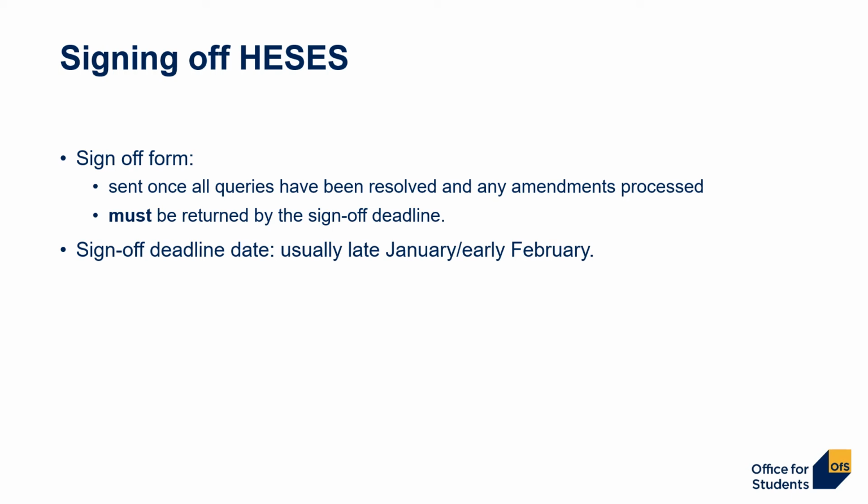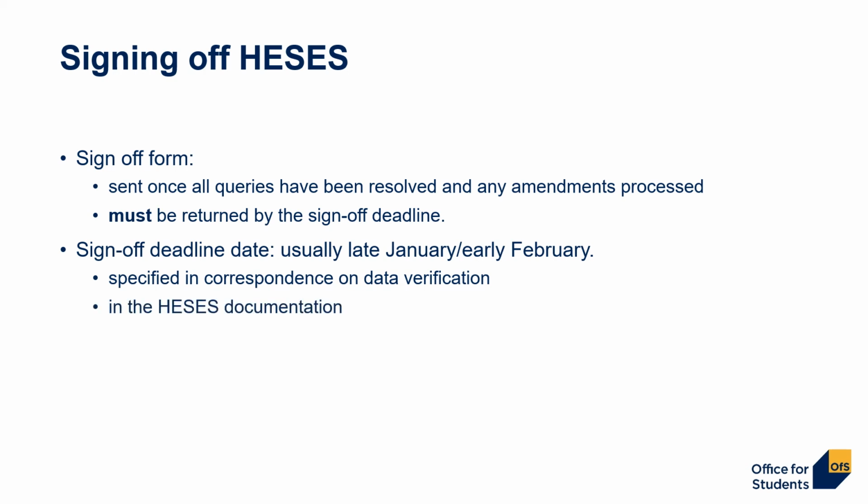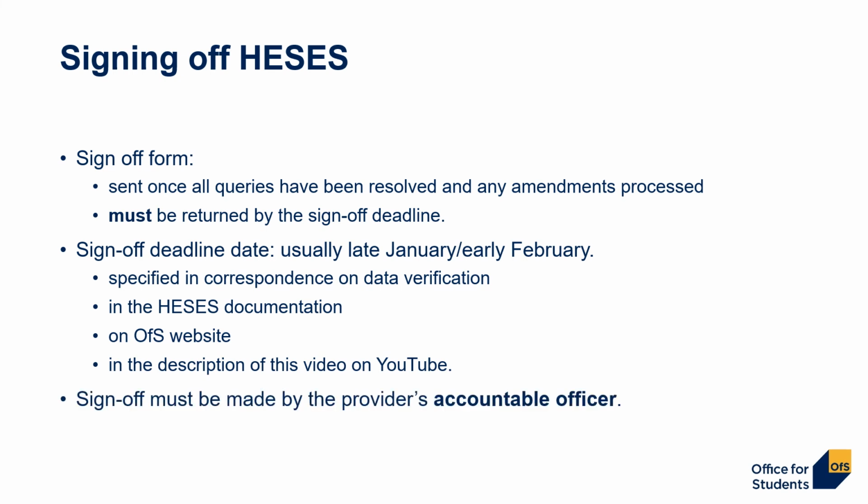Each year, the precise date will be prominently featured on the letter sent to accountable officers with the initial data verification queries, in the HESES documentation, on our website, and in the description of this video on YouTube. The sign-off must be by the provider's accountable officer. If it's anticipated that they will not be available, please let us know as soon as possible.